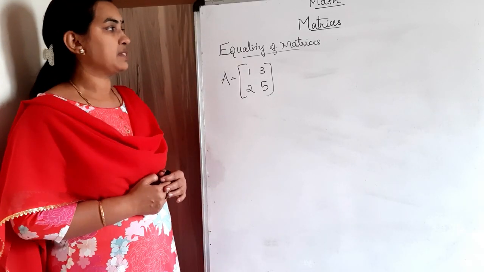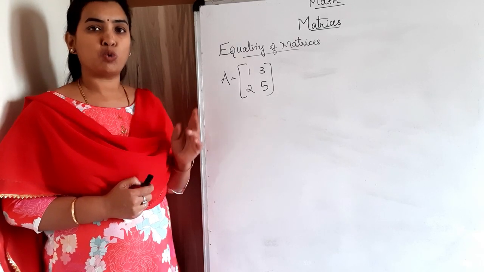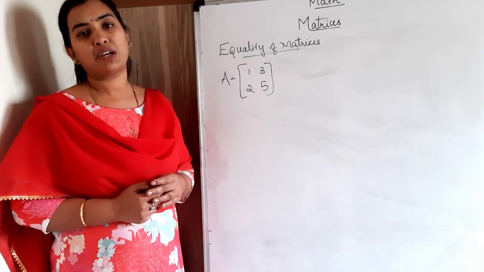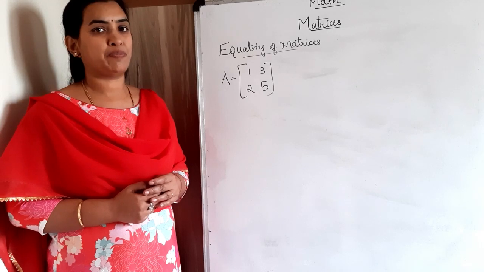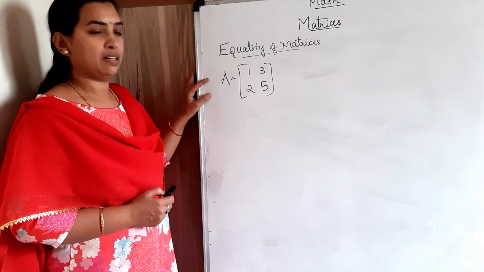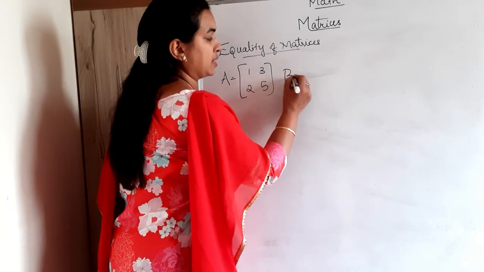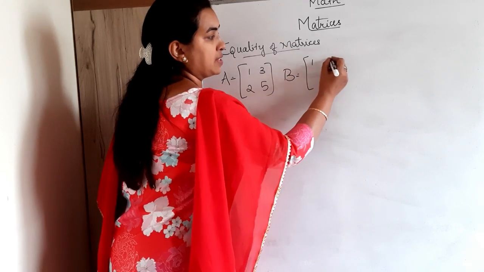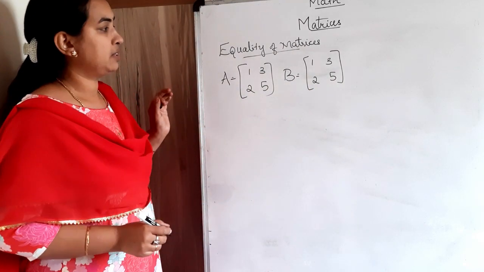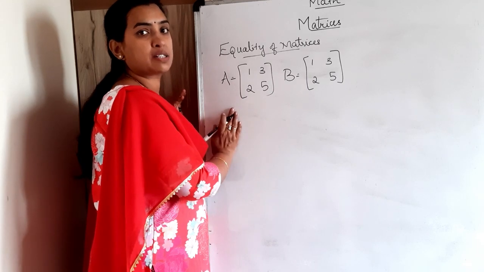The next concept is equality of matrices. For 2 matrices to be equal, their orders must be the same and the corresponding elements must also be the same. Okay. For example, there is a matrix A whose elements are 1, 3 and 2, 5. Suppose there is another matrix B which is also 1, 3, 2, 5. These 2 matrices are equal first if their orders are equal.